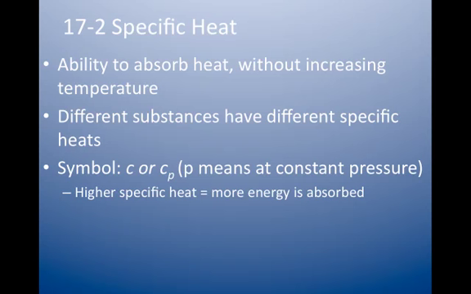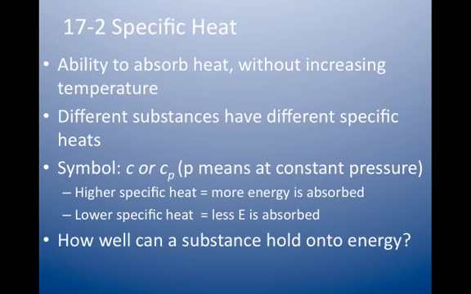Now in general, when you have a higher specific heat value, that means that more energy gets absorbed without the accompanying temperature increase. If you have a lower specific heat, that means that less energy is absorbed for a certain temperature change.